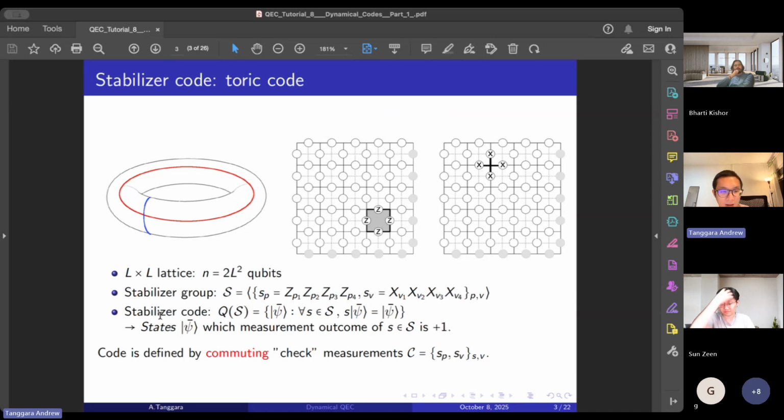Then my stabilizer code is just all quantum states that are plus one eigenstates of all these measurement operators. And here all the check measurements commute.